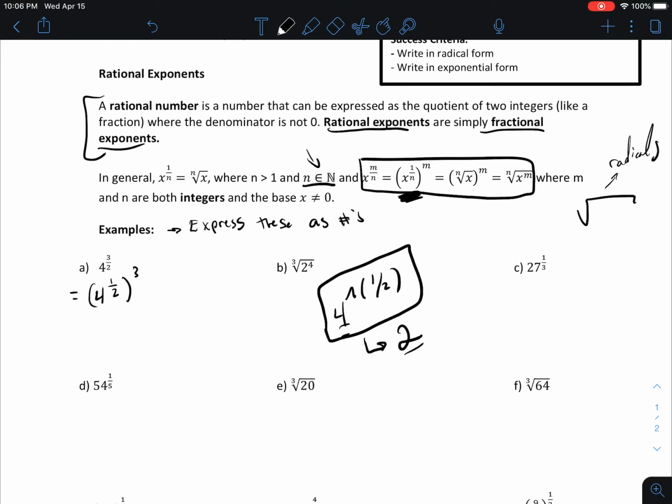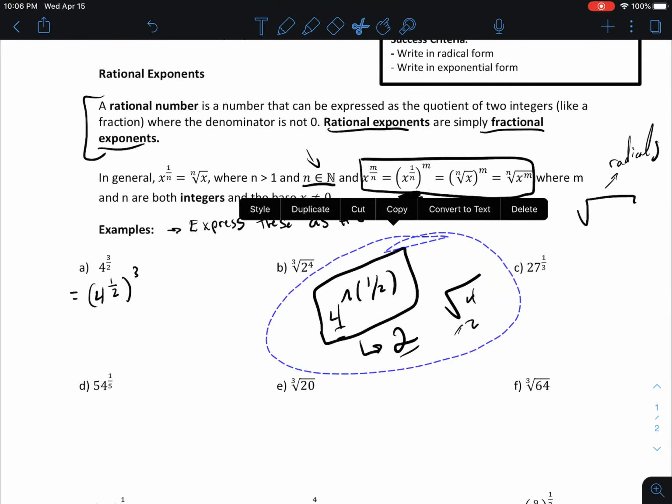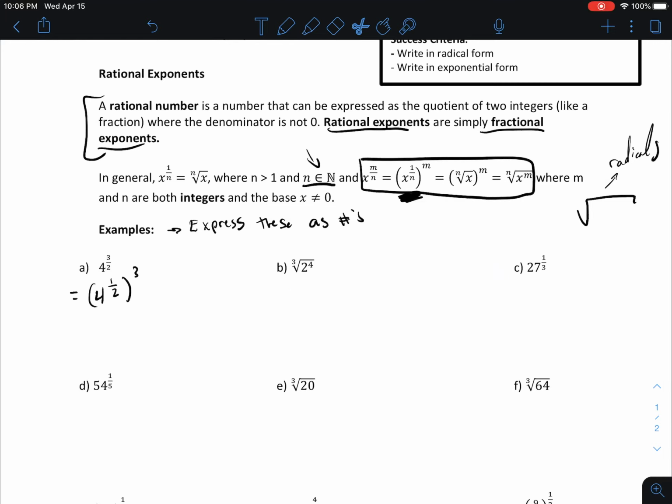Something interesting is going on. What's the relationship between 4 and 2? Well, 2 is half of 4, but also the square root of 4 is equal to 2. So something interesting is happening here. What you can actually do with these is look at whatever the number is in the denominator, and this gives you a nice rule.